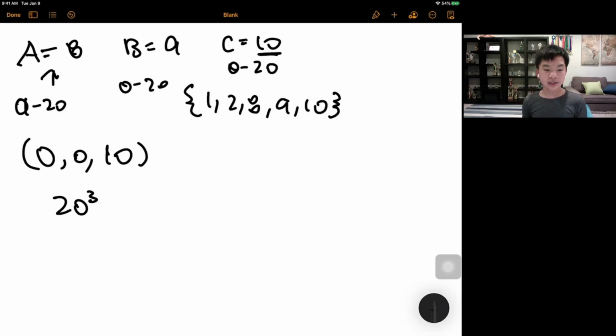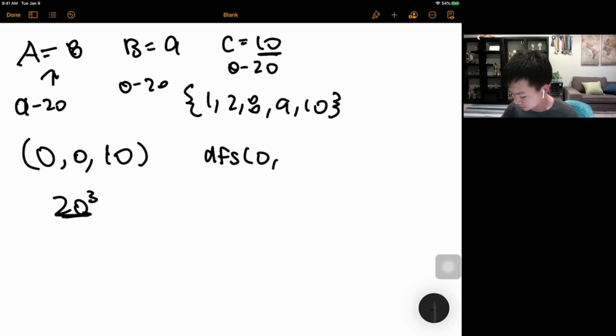And since we don't have to calculate any specific values, but we just need to calculate the values in bucket C when bucket A is empty, then since 20 to the third is not a lot, we can start a depth first search. For example, we can start the depth first search from 0, 0, and 10, because this is our starting state.